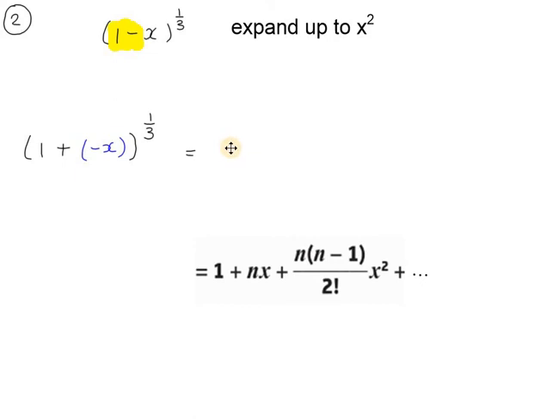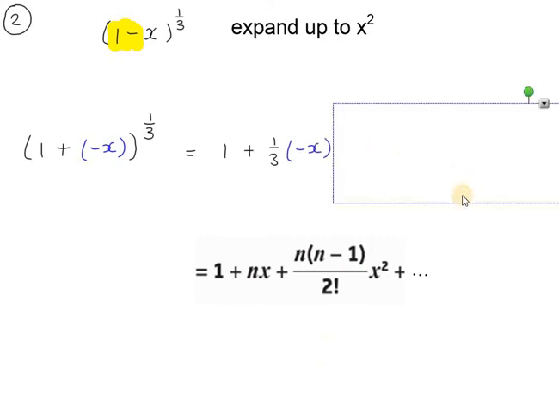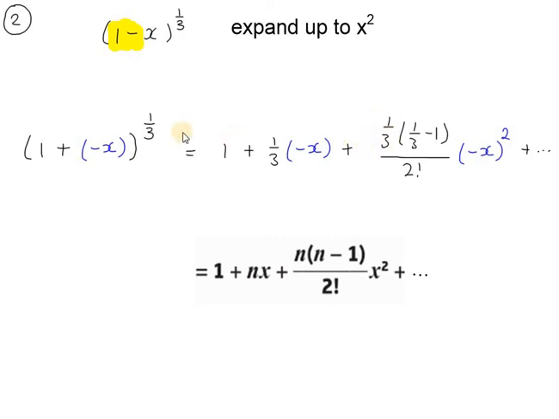So in the expansion we start with 1 plus, then n times x, we have to multiply these two, and remember x in this case is minus x in brackets, like this. And then n, which is a third, there, 1/3, times n minus 1 over 2 factorial, and again my x term must be in brackets, squared, and then we can simplify.